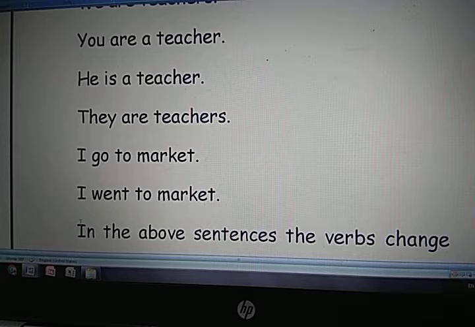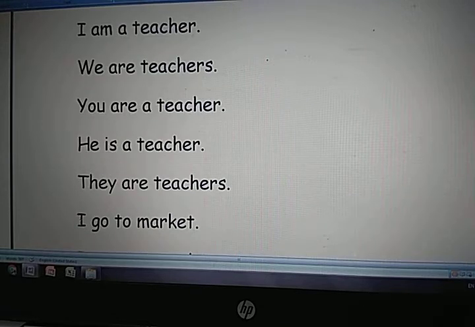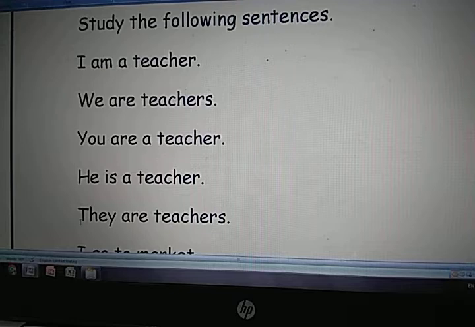In the above sentences, if we observe very carefully, the verbs change according to person, number and tense. You see, I am a teacher.